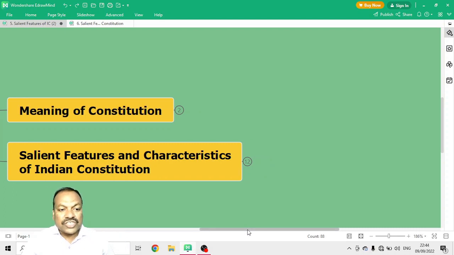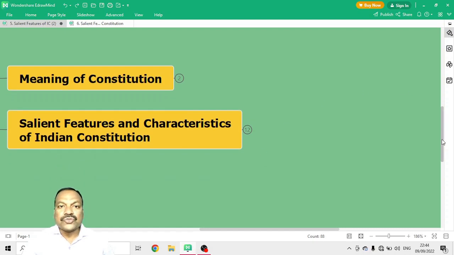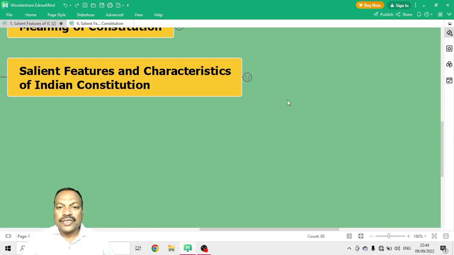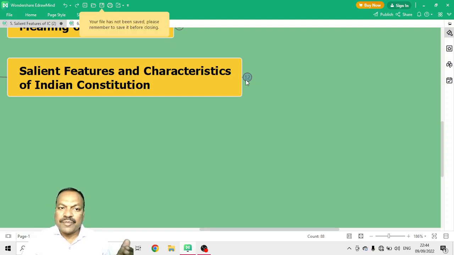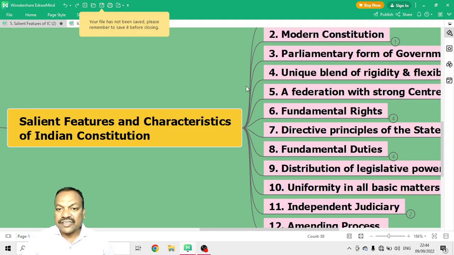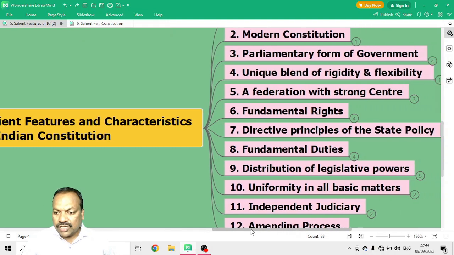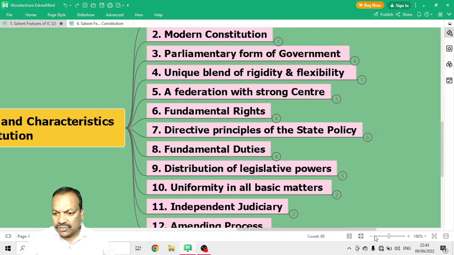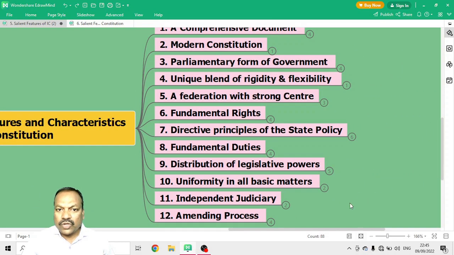Secondly, we'll come to the salient features and characteristics of the Indian Constitution. Here, in total, we are going to look at 12 points, today 1 and the remaining 11 points in our next lecture. So here I have drawn these 12 points for you.